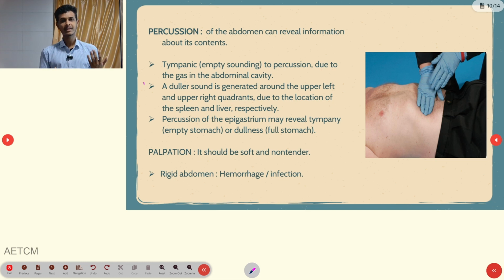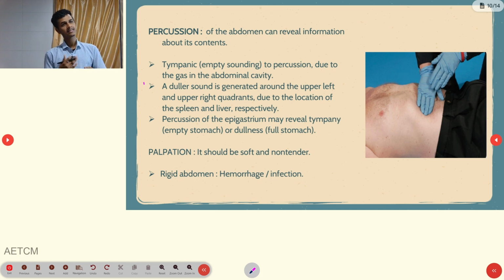There is the liver and spleen there, right? So there will be a dull sound. In the epigastrium region, if there is air or an empty stomach, we get a tympanic sound, and dullness means there is a full stomach. In a major condition like ascites, what sound will we get? We get a dull note, right?